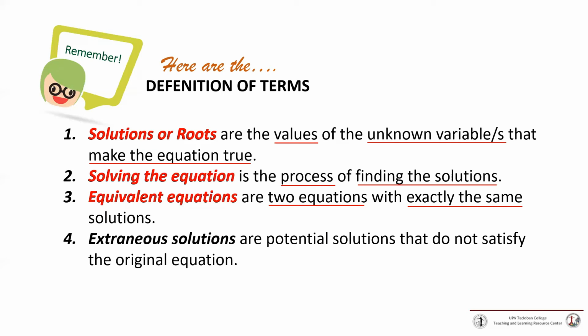Number four, extraneous solutions. These are potential solutions that do not satisfy the original equation. So if you come up with a value that cannot satisfy the original equation, then that value is what we call an extraneous solution.